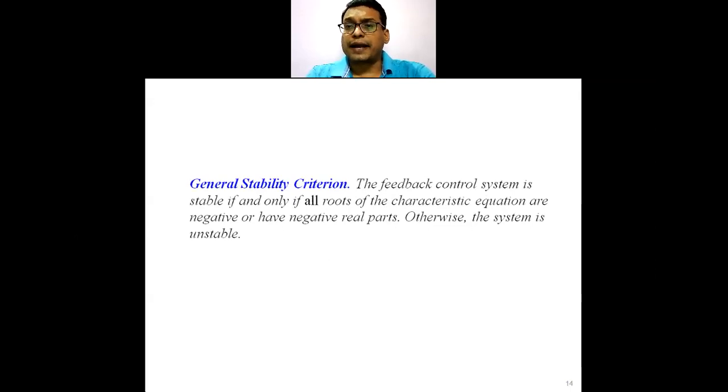So the feedback control system is stable if and only if all the roots of this characteristic equation are negative or have a negative real part. Otherwise the system is unstable.